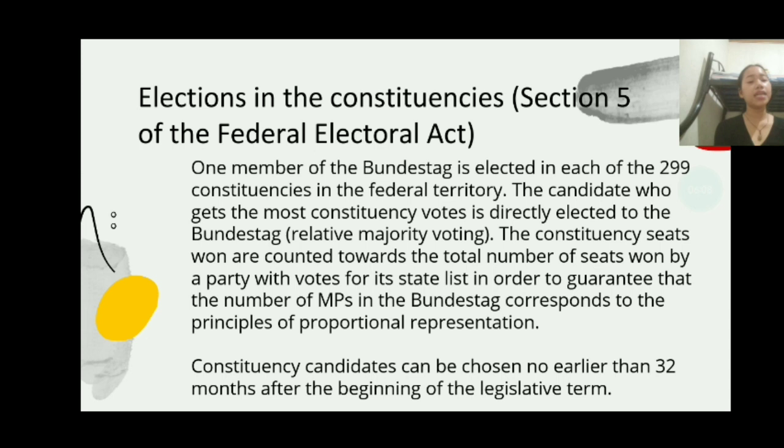It means that the candidate who receives the most votes gets the mandate. The constituency seats won are counted towards the total number of seats won by a party with votes for its state list in order to guarantee that the number of MPs in the Bundestag corresponds to the principles of proportional representation.